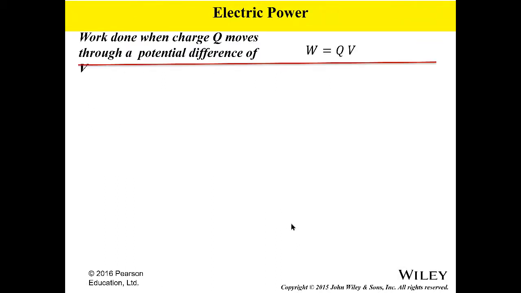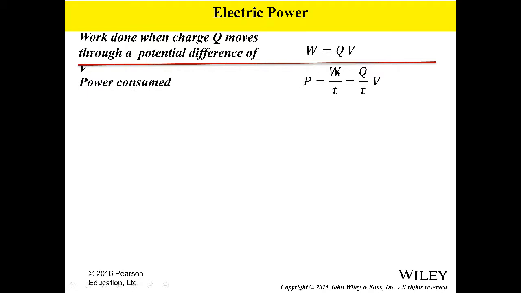And now, this is just to review what you have already learned. When you have a potential difference V, the work done when the charge Q moves through a potential difference V is Q times V. I'm sort of helping to review it. The power consumed is the amount of work done per unit time.